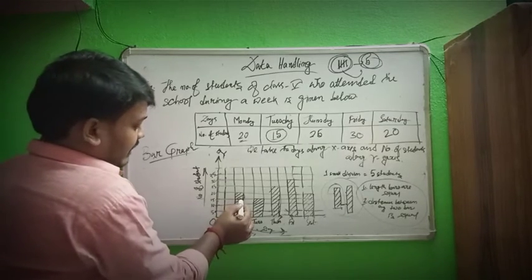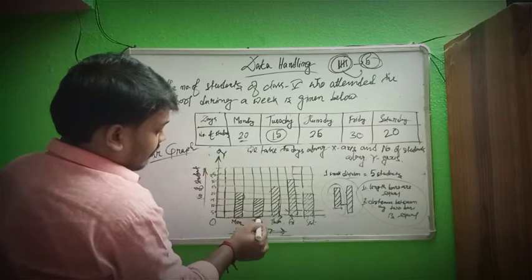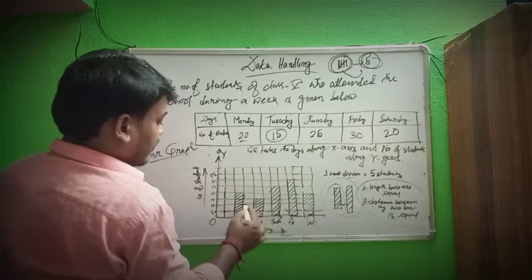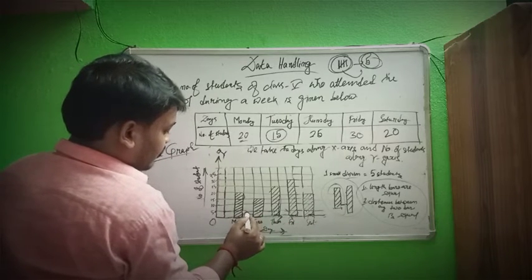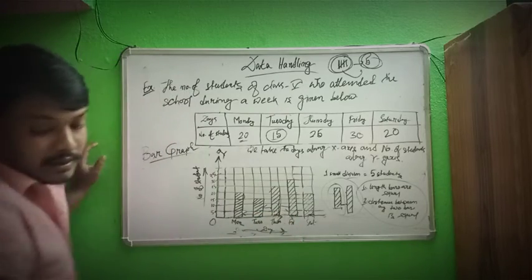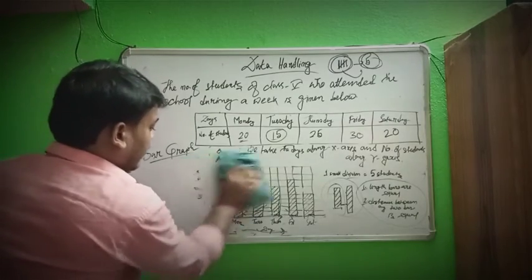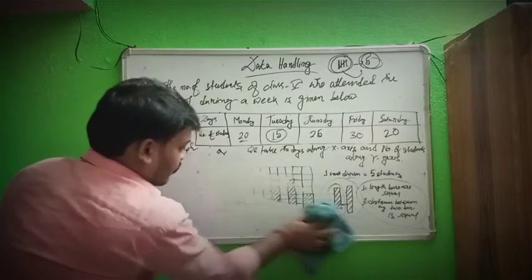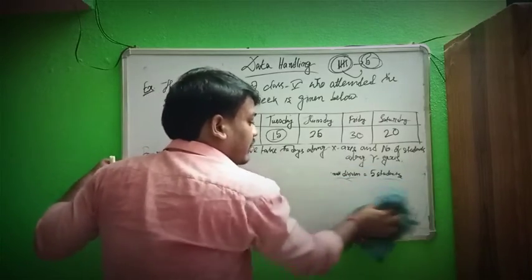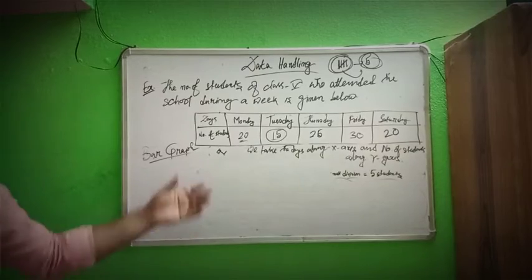The length of each and every bar is 1 unit, and the distance between two bars is also the same 1 unit. If I draw the figure without the lines, it will look good. So if the instruction is to draw the bars in a bar graph, then you need this concept.